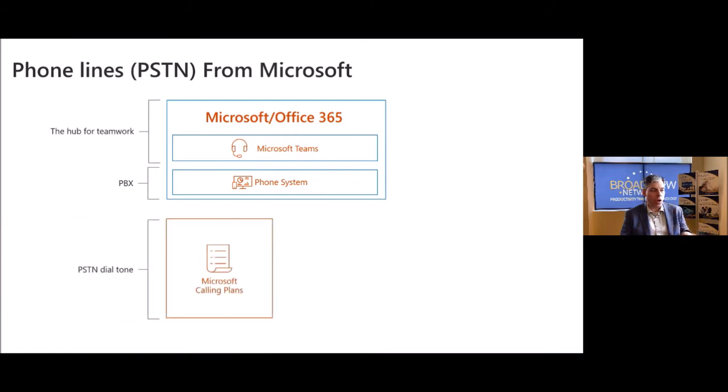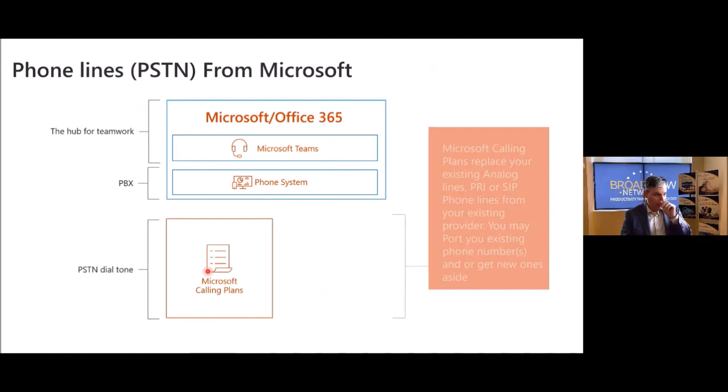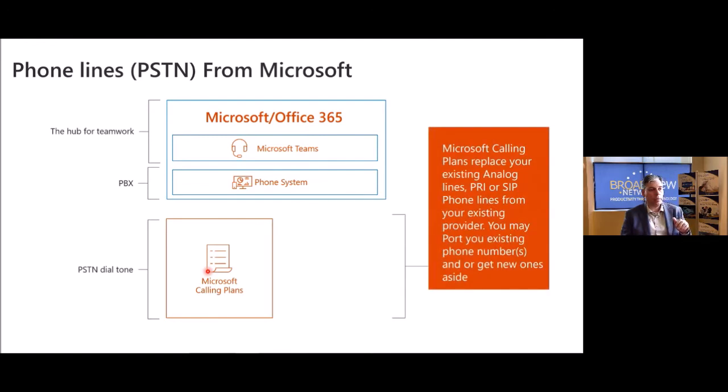So in a Microsoft calling plan, Microsoft has connectivity between this cloud-hosted PBX and the public switch telephone network in their back-end cloud environment. So you can start buying your phone numbers from Microsoft directly. And that's a Microsoft calling plan.